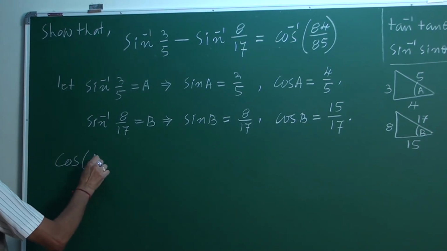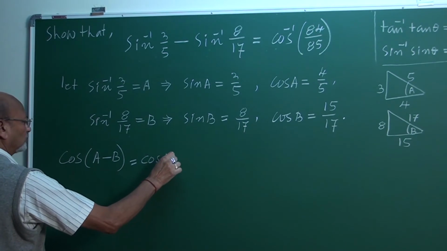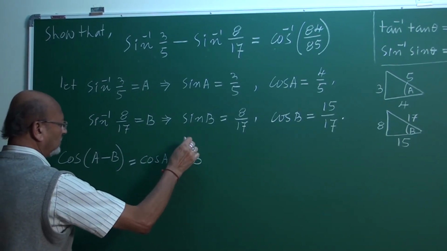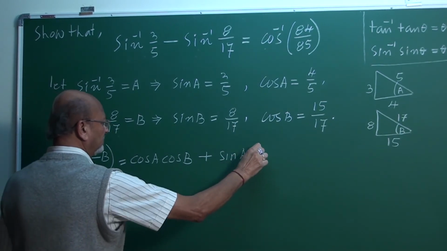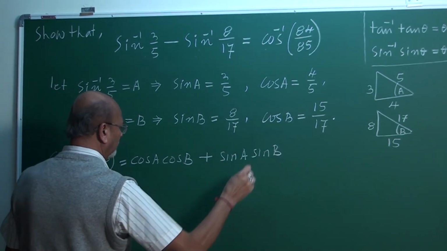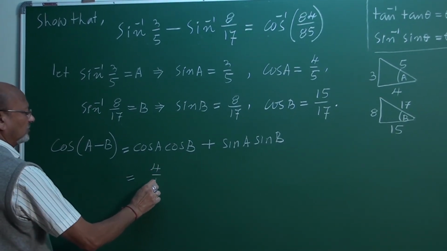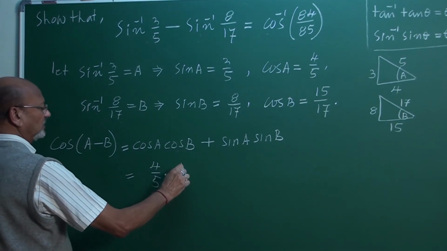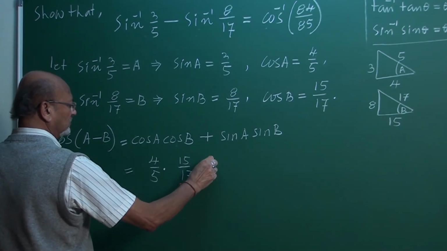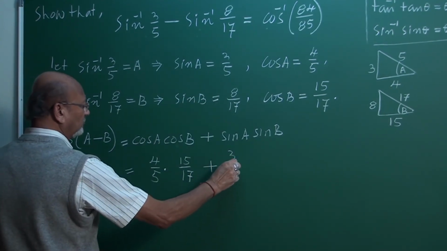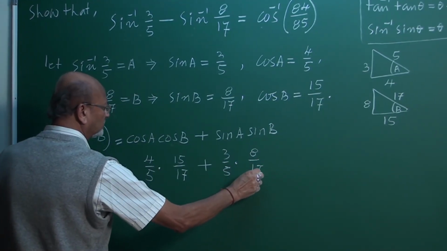Cos A minus B theorem: cos A cos B plus sin A sin B. Equal to cos A 4 by 5, cos B 15 upon 17, plus sin A 3 by 5, sin B 8 upon 17.